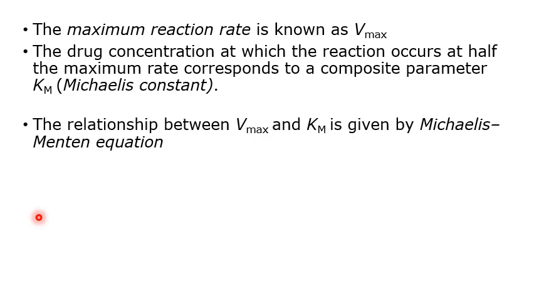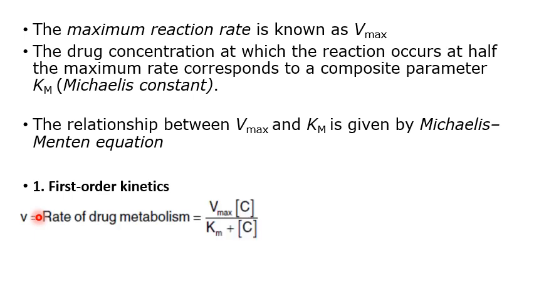The relationship between Vmax and Michaelis constant is given by the Michaelis-Menten equation for first order kinetics. In the cases where increasing the concentration of a drug will definitely increase the rate of drug metabolism, the equation can be written in this way, where Vmax is multiplied by plasma concentration over Km plus plasma concentration, equals the rate of drug metabolism.